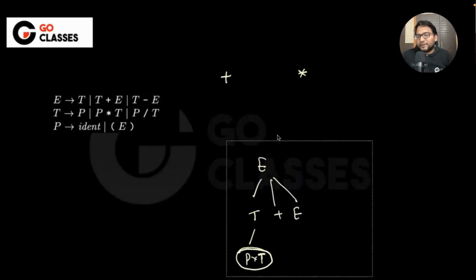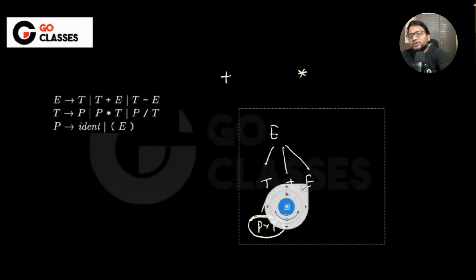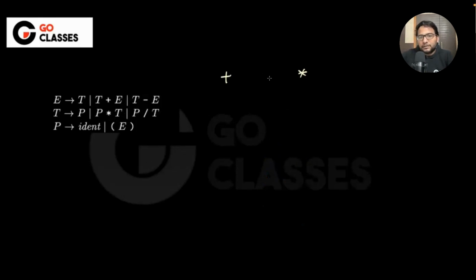So this is E, then you can have T plus E, but here this will be P into E. And first you will be deriving using the multiplication, and then you will later on see this plus. If it is far from the start symbol, then it is having the higher precedence. So that is why multiplication is having higher precedence.